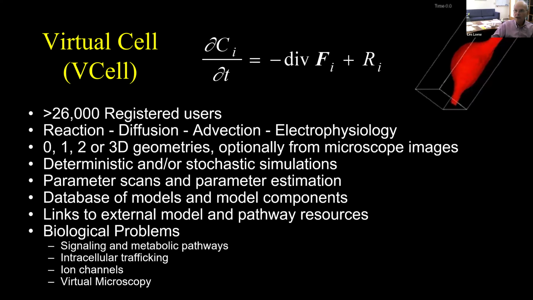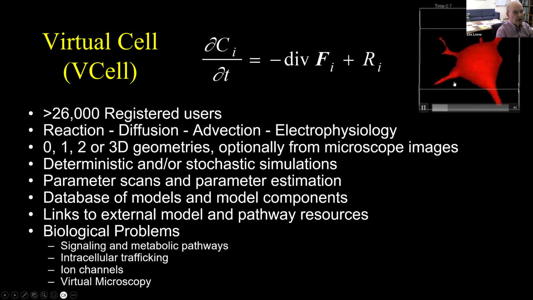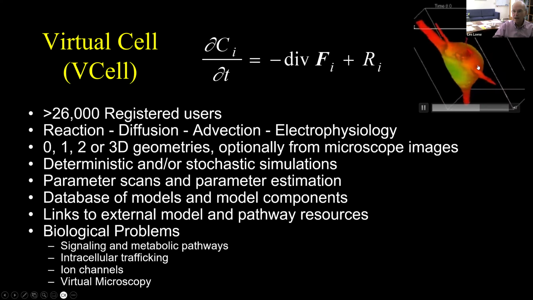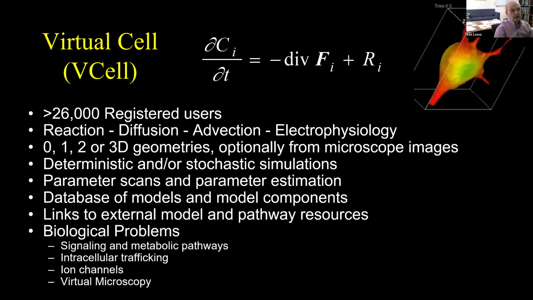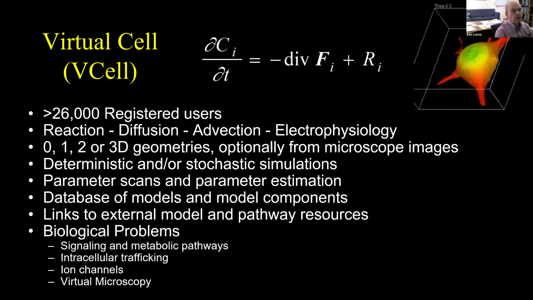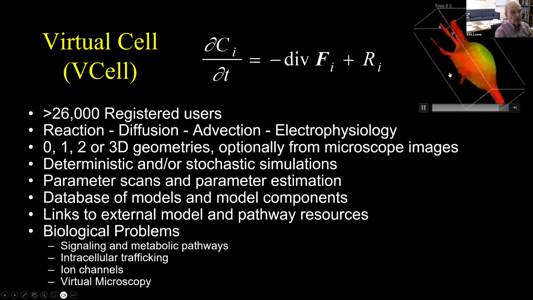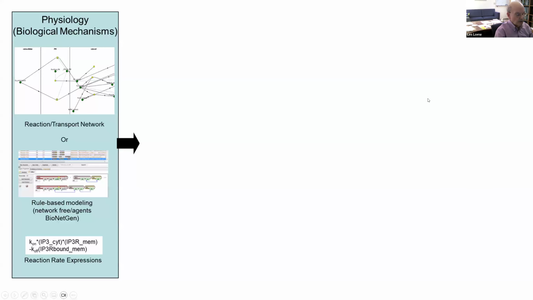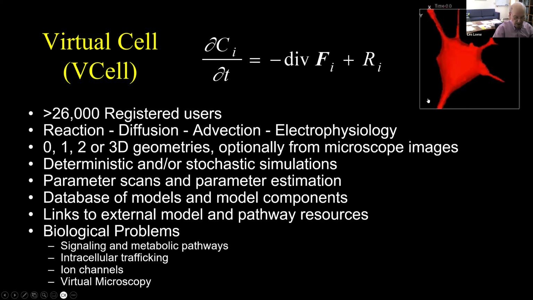In a bleaching experiment, you bleach out the fluorescence from a region and look at how the unbleached molecules in neighboring regions diffuse back into that bleached region, right? But you don't know the diffusion coefficient. So you can use Virtual Cell to do a parameter scan where you check different diffusion coefficients, and see which one fits the system the best.